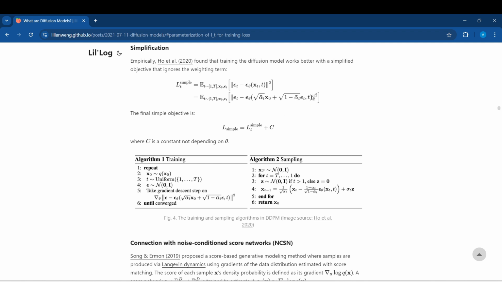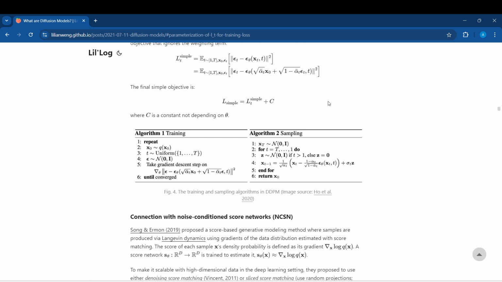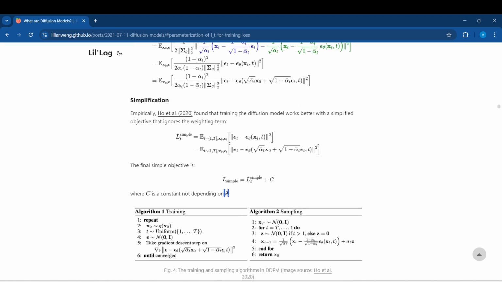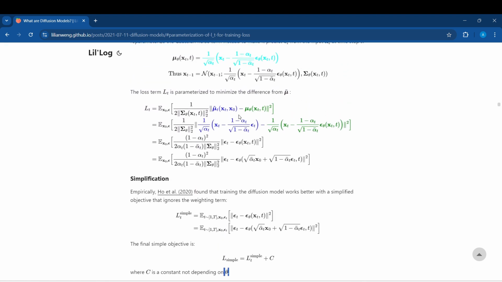Here we are giving this t, and the final objective becomes like this. This is L_t simple, where c is a constant not depending on theta. And this is our reverse process.